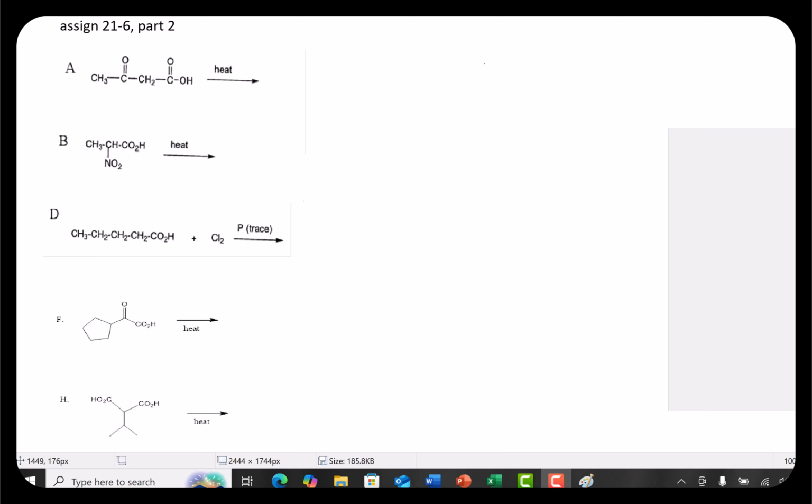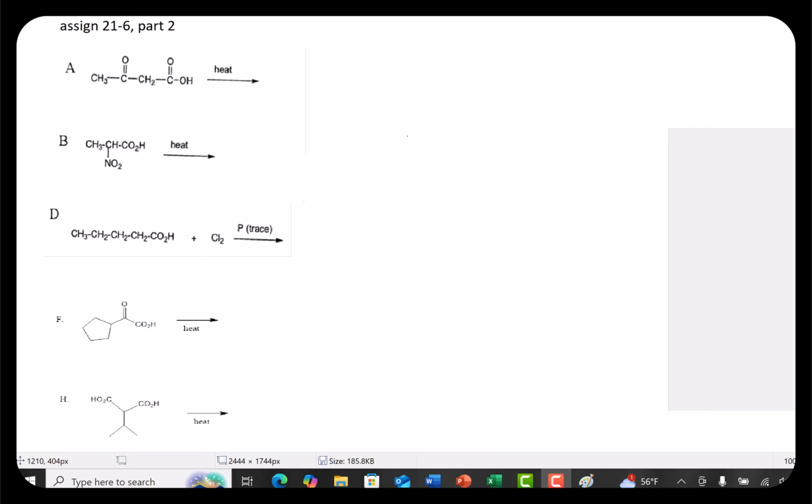The alpha carbon is the carbon to which the carboxyl group is joined. And that's the key here. So I did discuss the mechanism in the video lecture. It goes through an internal hydrogen bonded species. With high temperature, bonds get made and broken, and you break off a CO2 molecule.